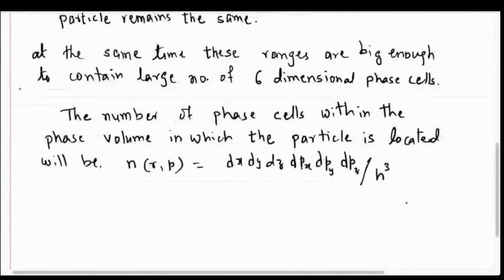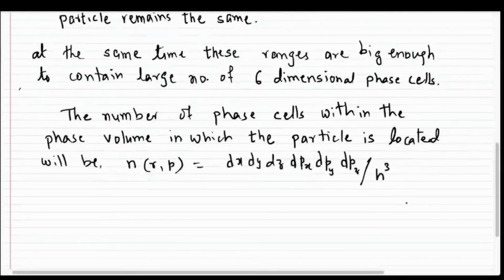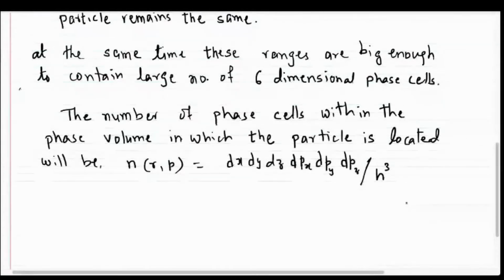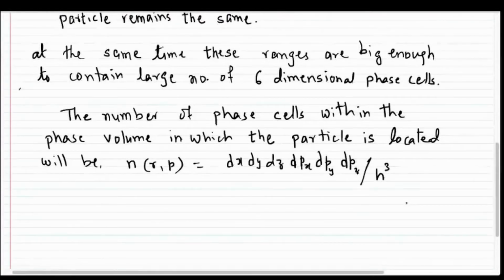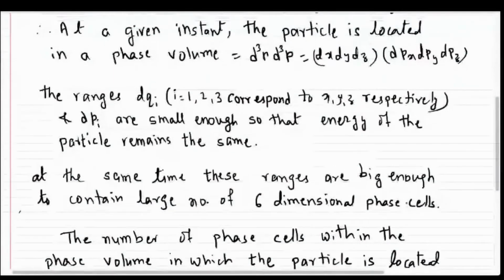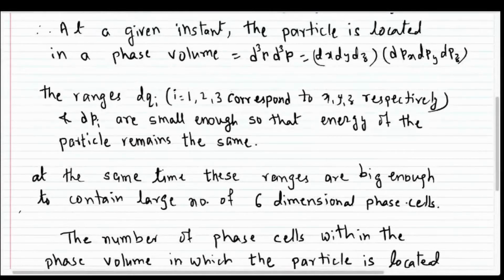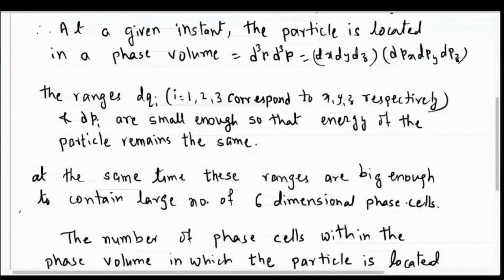Yes, ma'am. Ma'am, one question. Yes. When you said that the region was big enough to contain a number of 6-dimensional phase cells, but small enough to not be a different macrostate altogether, can we say that these are degenerate states? Okay, I'll come to this particular point where we are talking about degenerate or non-degenerate states. If a state is degenerate, there will be a number of configurations, that is a number of microstates available for the particle, right?